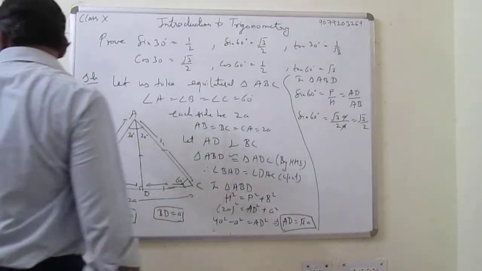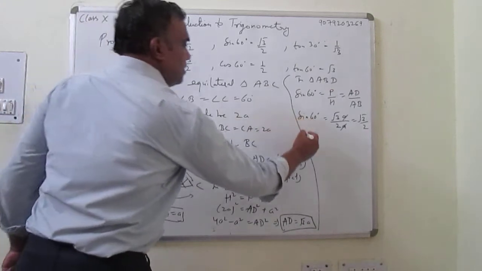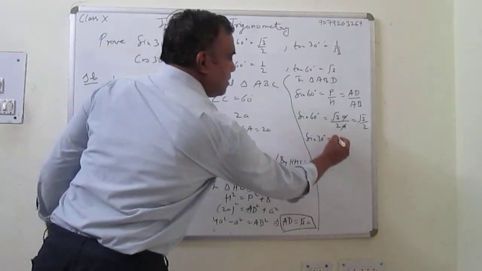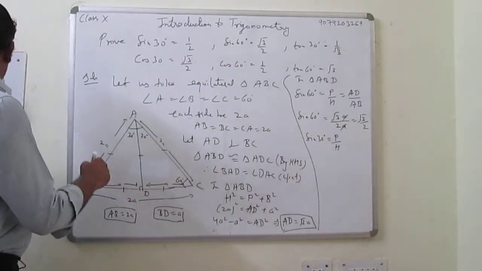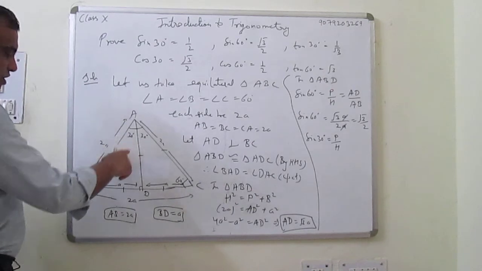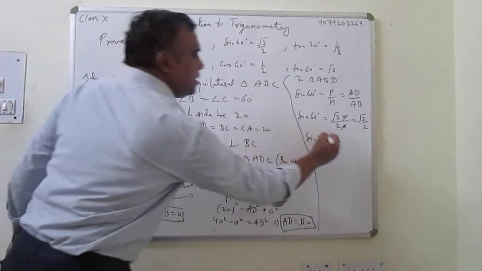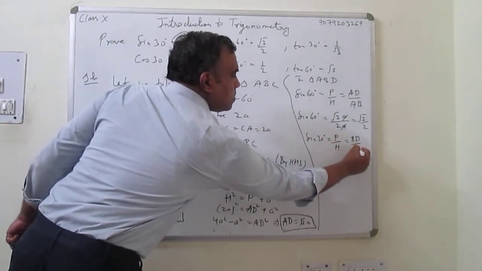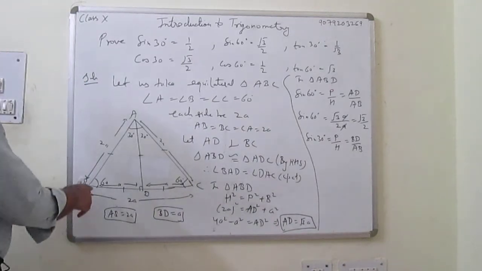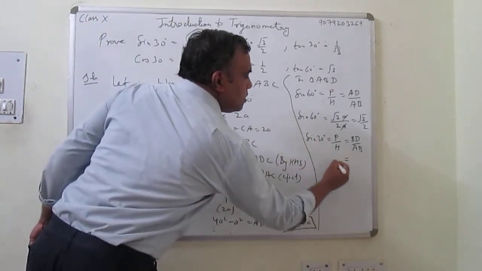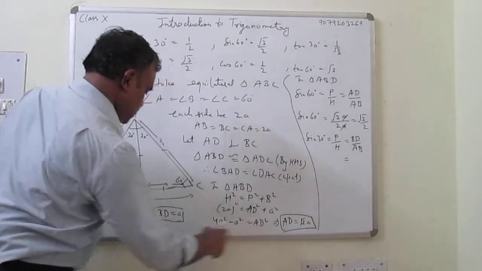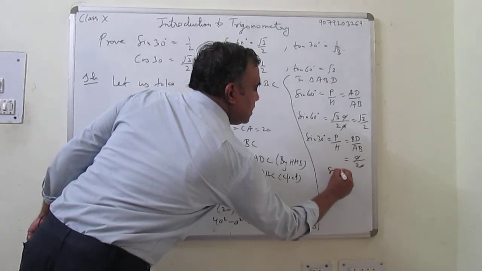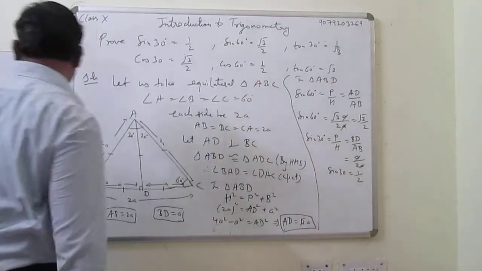Now similarly sin 30 is again P upon H, but here the perpendicular is changed. The perpendicular is now BD and the hypotenuse is AB. Put the values. BD is A and AB is 2A. So sin 30 is equal to 1 upon 2.